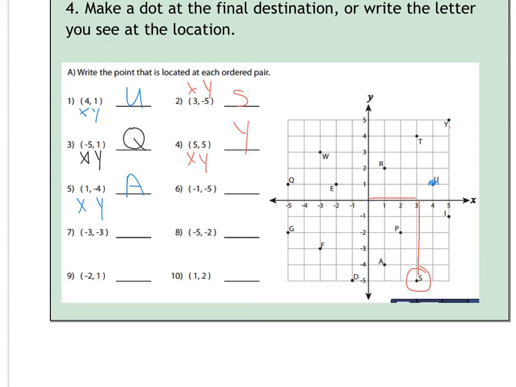So this should start to be familiar here. Positive and negative movements, just like on a number line. The axes really are number lines that are horizontal and vertical.